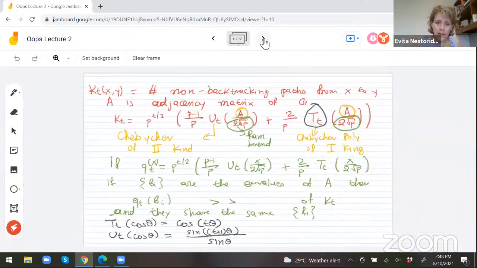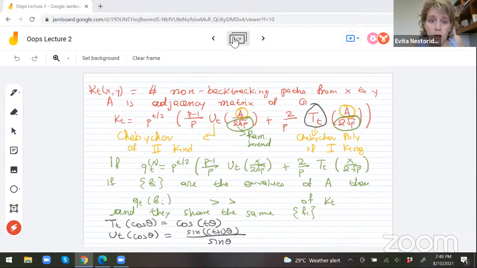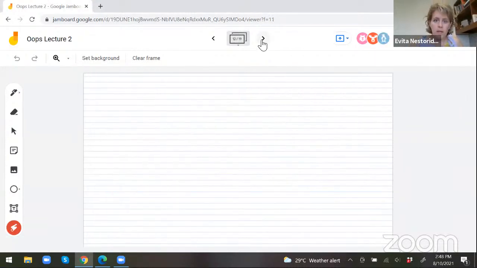So I duplicated the page just because I don't want to have to write again this expression, or at least I can keep Q_t. Yes, I should have come here instead and erased things here.